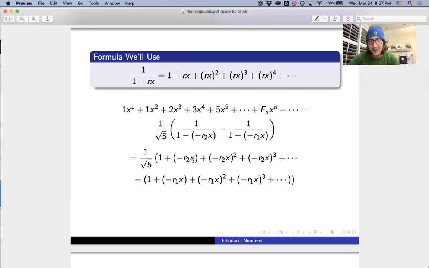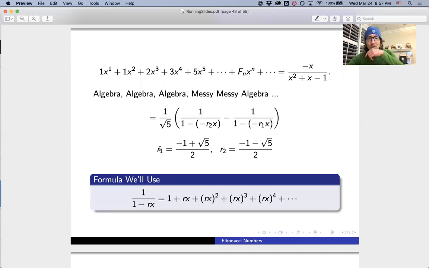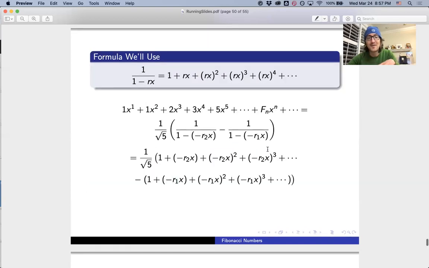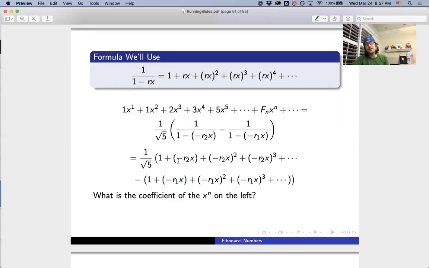And then let's see what we get: negative r2 minus a negative r1, which is negative r2 plus r1, and then we divide by the square root of 5. If you go back and look at what these numbers were, and plug that in and simplify, you're going to get exactly the number 1. And so now we're basically ready for the punchline. The punchline is that if these really are equal, in math, when we use an equal sign, it means equals.